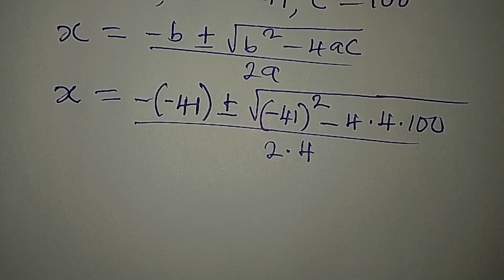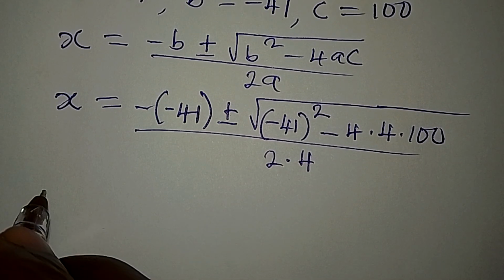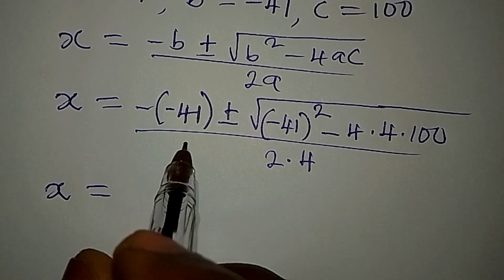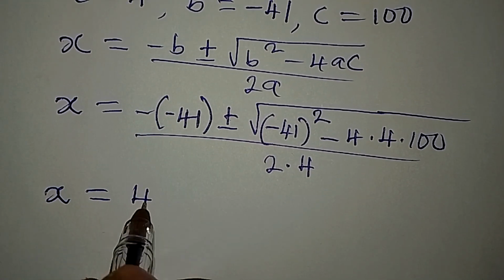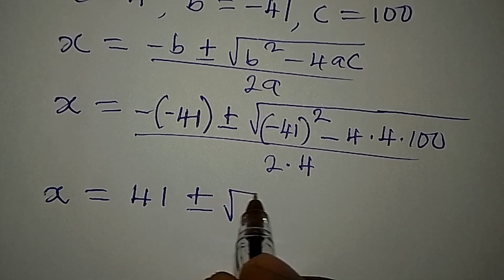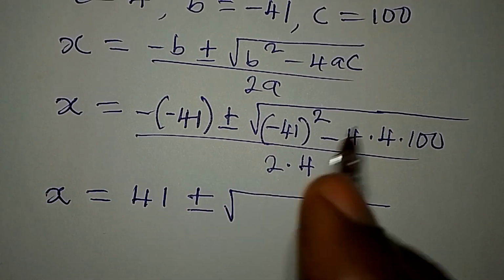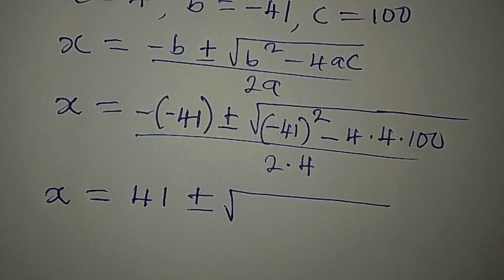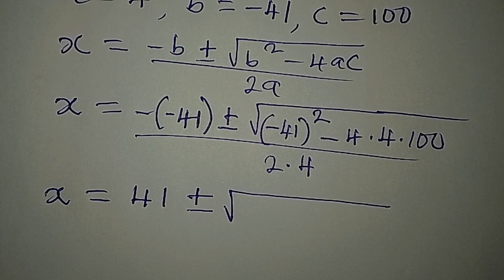Let's continue from here. X is equal to negative will give positive, so we have 41 over there, plus or minus. Minus 41 squared will give us 1681.